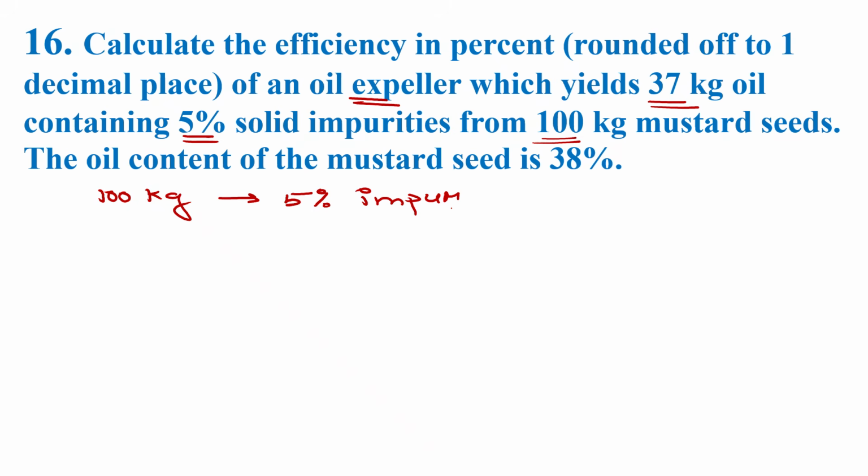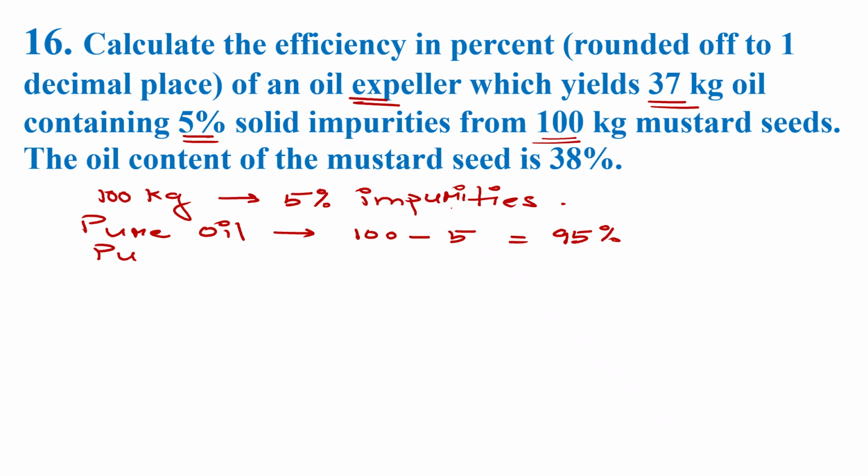So pure oil is 100 minus 5%, that is 95%. The yield is 37 kg, so it is 37 into 0.95. We get 35.15 kg of pure oil.